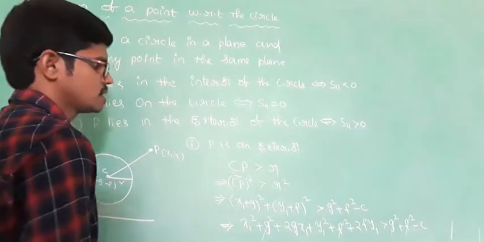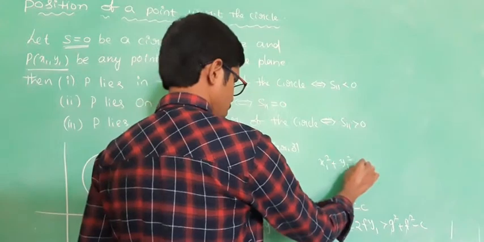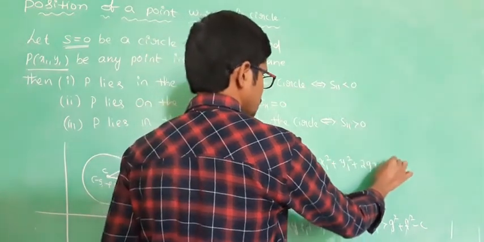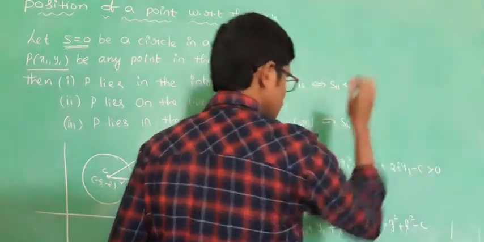So remaining are x1² + y1² + 2gx1 + 2fy1 − c > 0.